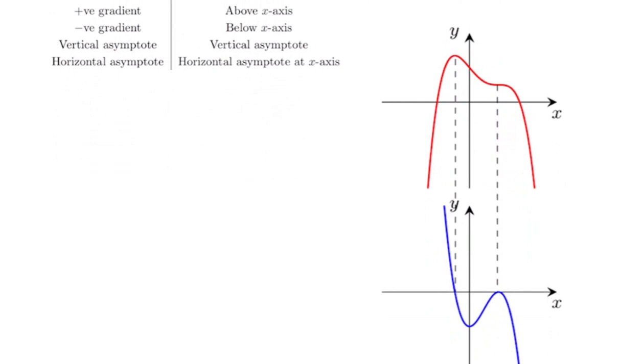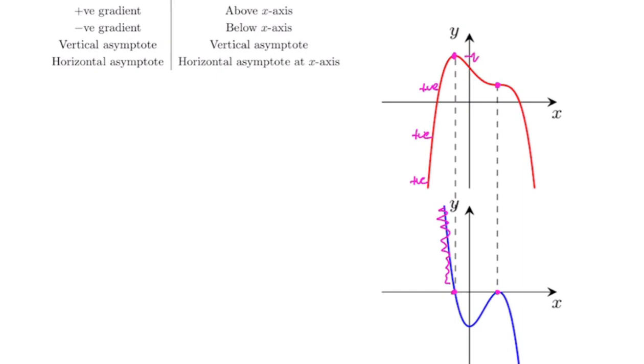If you just have a little look at this, you can see there's a point where the gradient is 0, and that matches to that one. That's a point of inflection, matches to that one, and again it touches the x-axis. And then you can see this has a positive gradient, positive gradient, positive gradient, and this bit of the graph from here is above the x-axis, and from here to here that's a negative gradient.